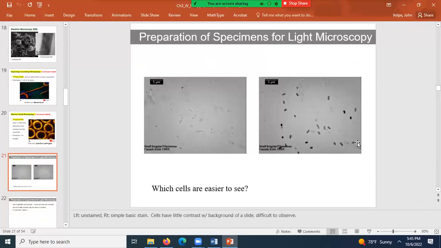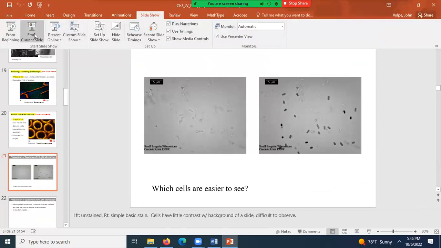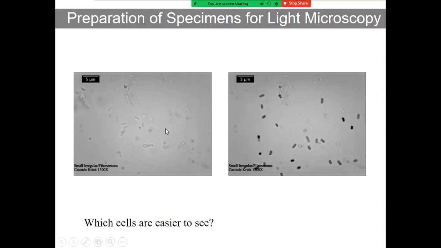All right, here we're looking at some specimens viewed under the microscope. And which specimens are more easy to view? The ones on the left or the ones on the right? The right. The cells on the right are easier to view.